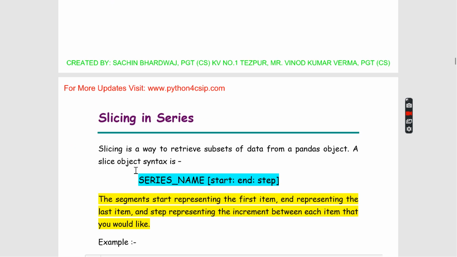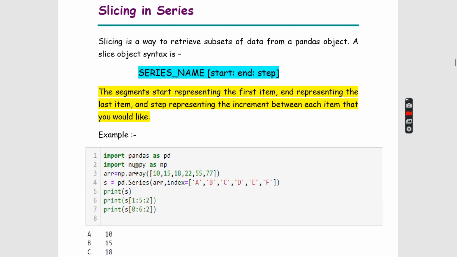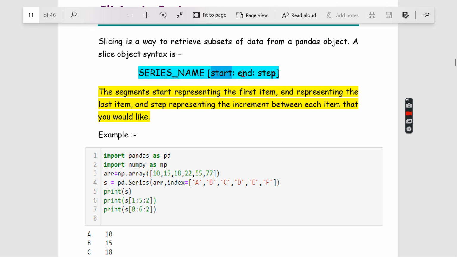The next one is slicing in series. You know very well about slicing in NumPy and in listed items also. Slicing is a way to retrieve a subset of data from a pandas object. The slice syntax is the series name, then the starting value, then the ending value, then the step value, which is optional.